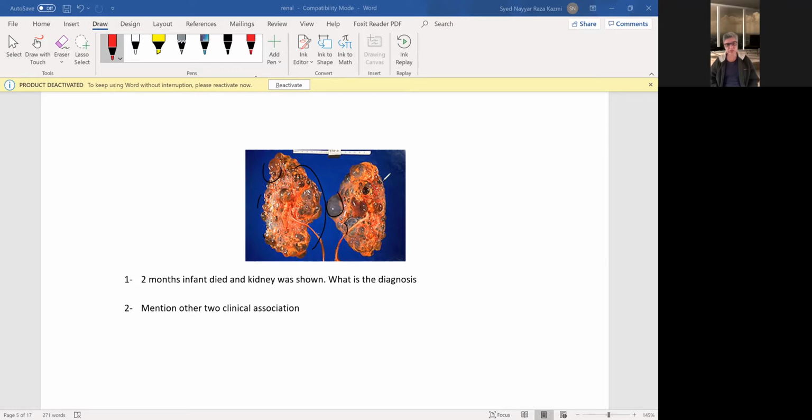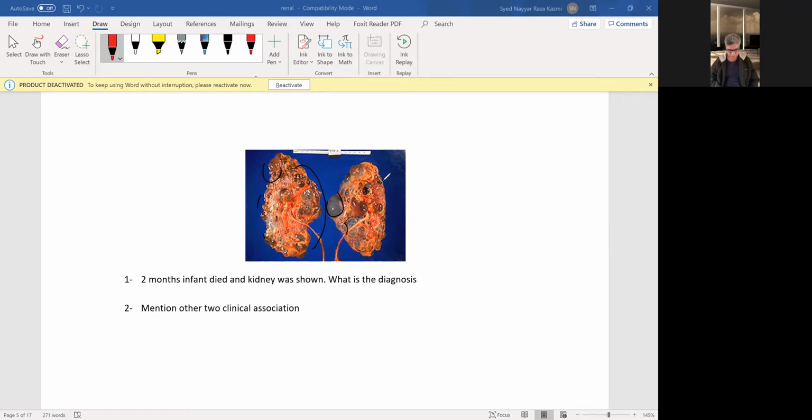Polycystic kidney disease is of two types: autosomal dominant and autosomal recessive. The autosomal dominant polycystic kidney disease usually manifests in adult life; you don't see that very commonly in kids. The kids have the recessive type of polycystic kidney disease, so this is autosomal recessive polycystic kidney disease.